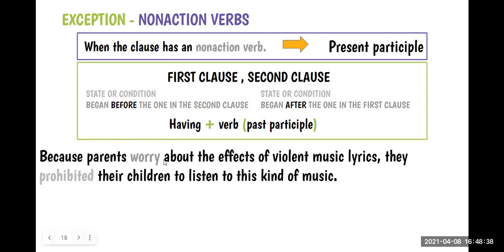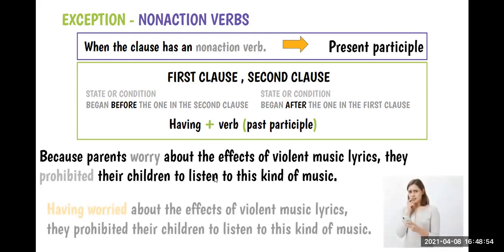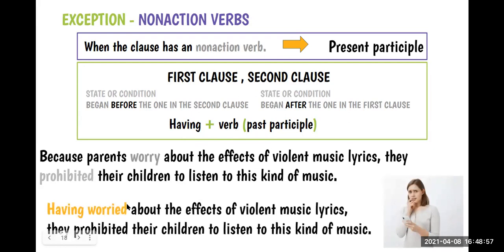So this is something that happened first, and this is something that happened after the first action or the first state or the first condition. That's why we are going to use this structure. For example, having worried about the effects of violent music lyrics, they prohibited their children to listen to this kind of music. So this is the exception, okay?